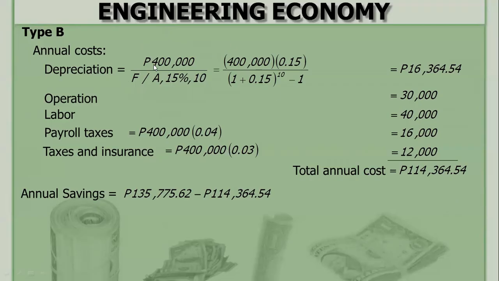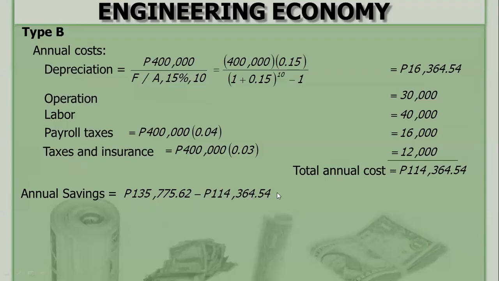But then, bigger investment but smaller cost. So if type B, it is more expensive, but its annual cost is smaller. 114,000 only compared to type A, 135,000.